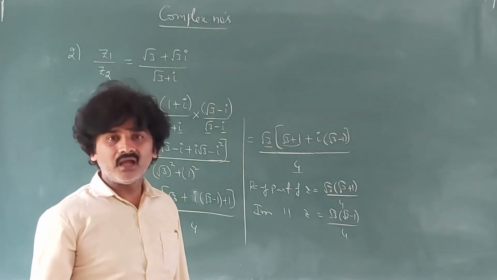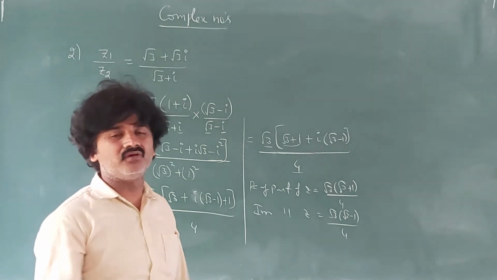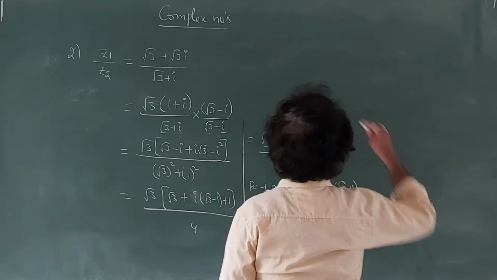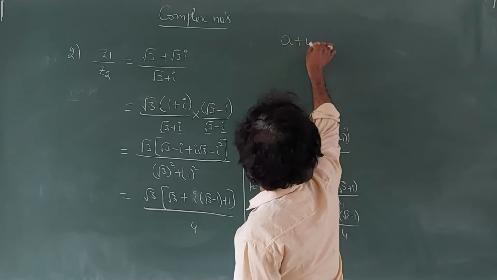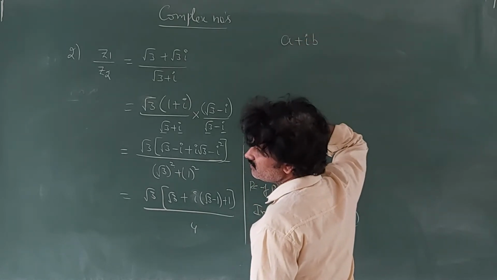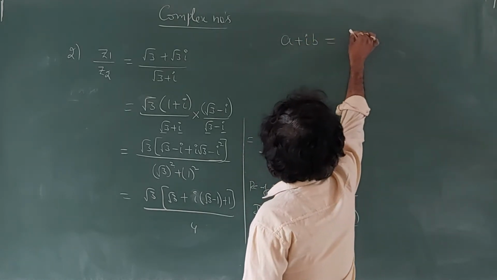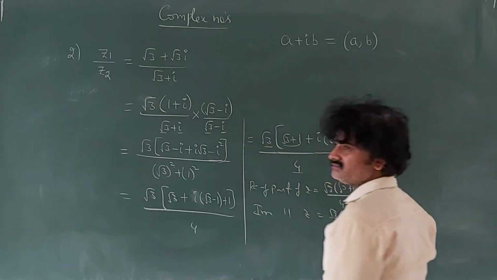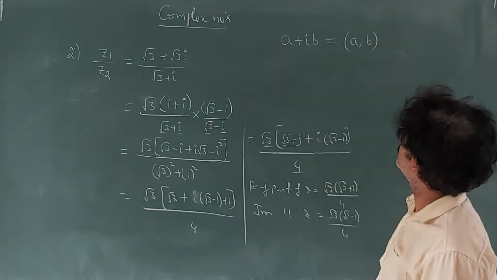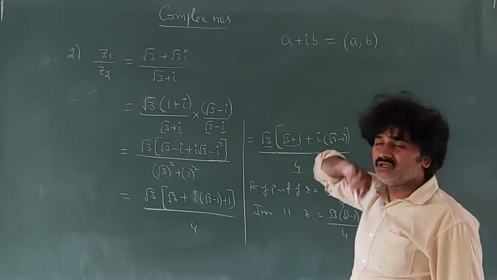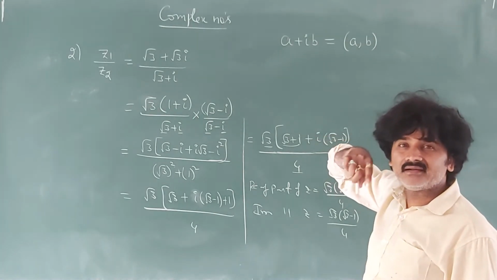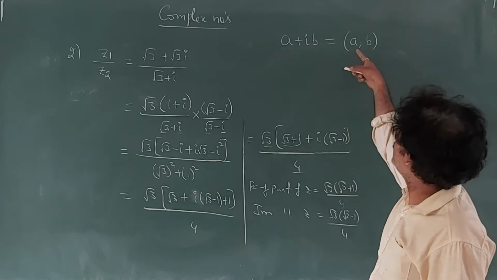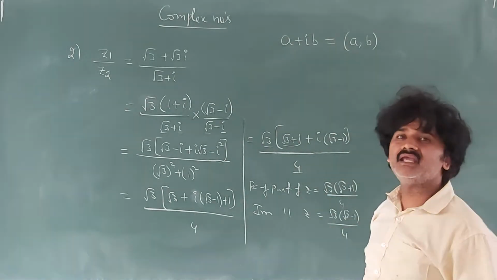And now see how to identify the quadrant. This is basic geometry. Every complex number a plus ib, in geometry we can write like a point a comma b. Means every complex number can be represented as a point in a plane.